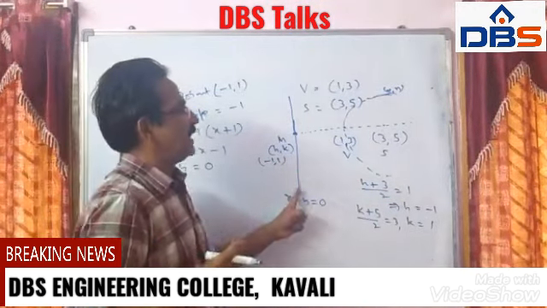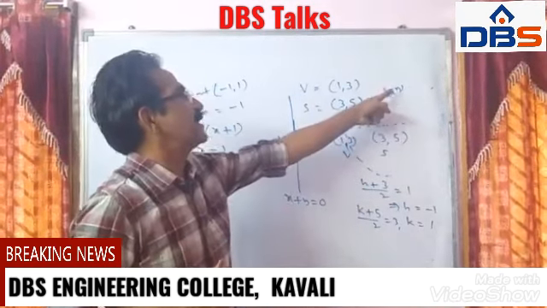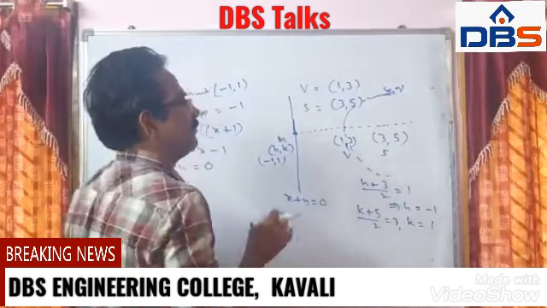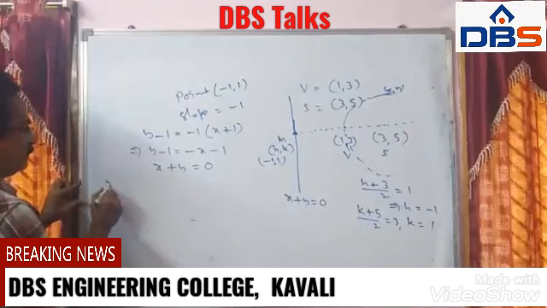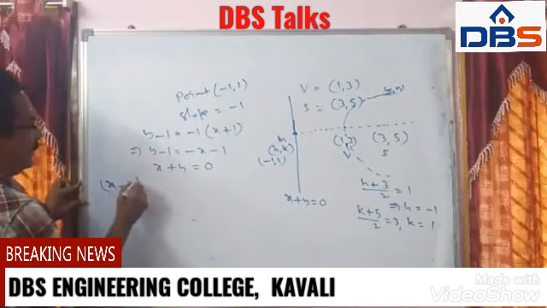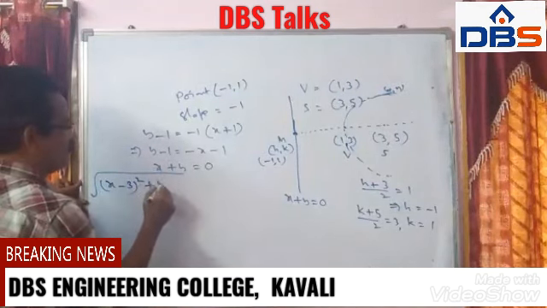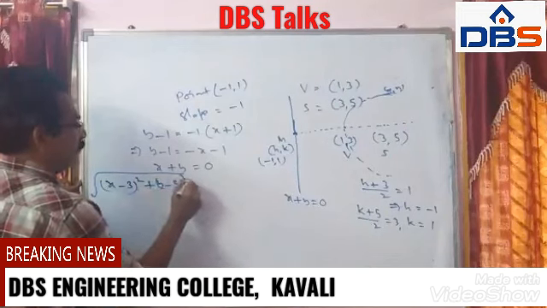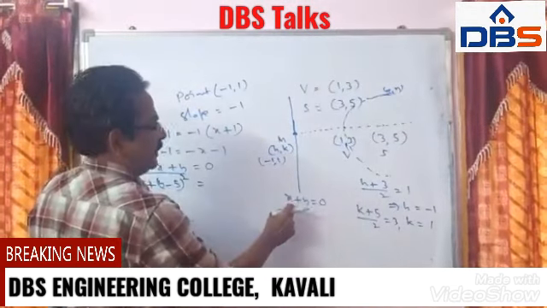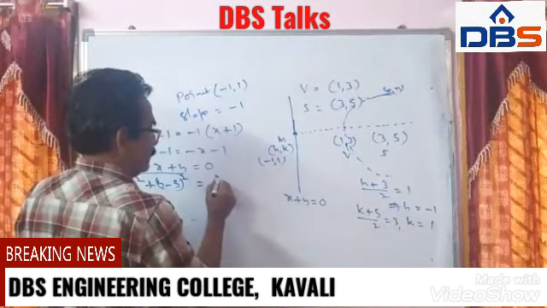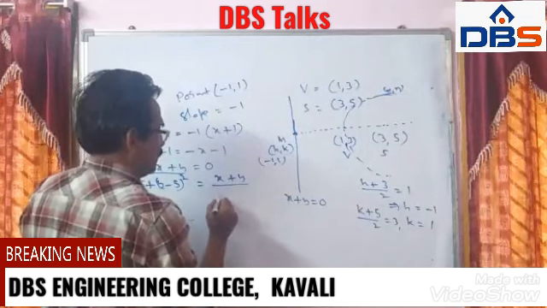Friends, we know the directrix, we know the focus. So, the distance between (x, y) and the focus and the distance between (x, y) and the directrix are equal. So, let us find the distance from (x, y) to the focus. The square root of (x minus 3) whole square plus (y minus 5) whole square is equal to the distance to the line, (ax1 plus by1 plus c) by the square root of a square plus b square.